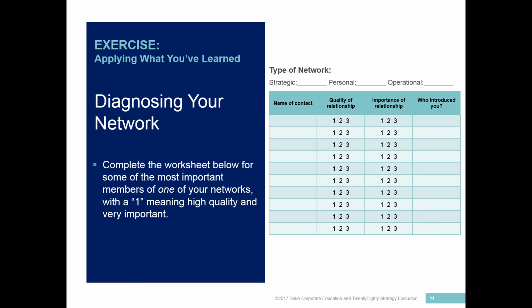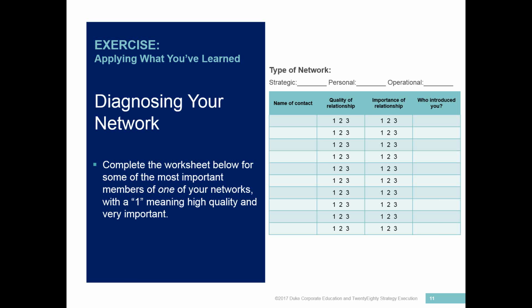In this case, a student is asked to complete the worksheet that is shown for some of the most important members of one of their networks, with a 1 meaning a high quality and very important, and a 3 meaning the opposite. You'll notice that the type of network that a student would select would either be a strategic network, a personal network that may or may not be a part of their work network, and then finally an operational or work network.